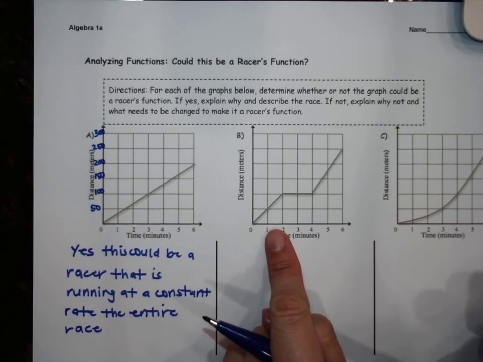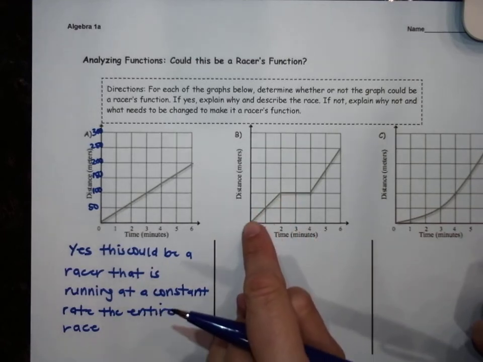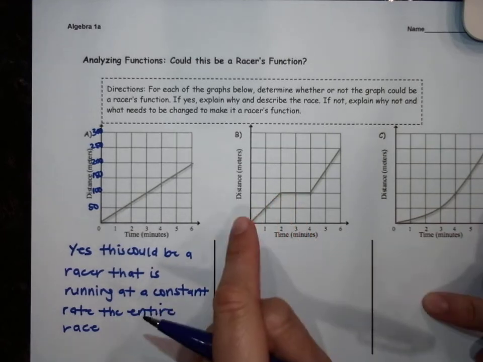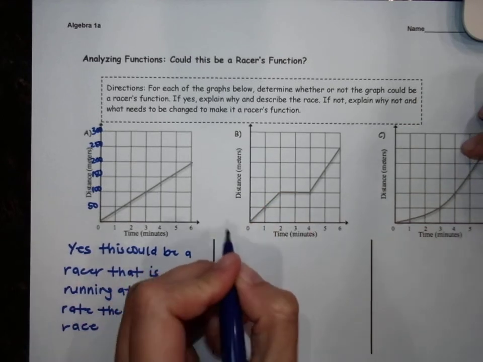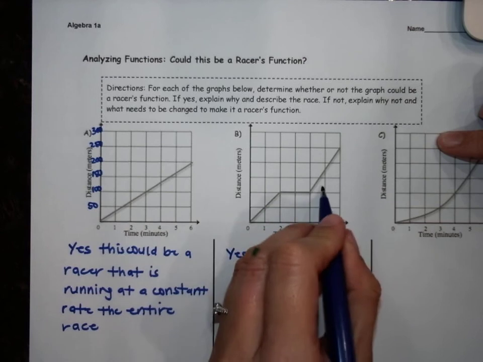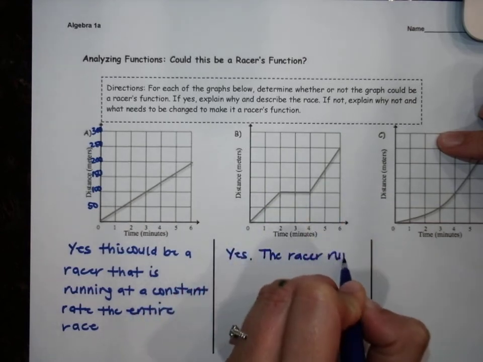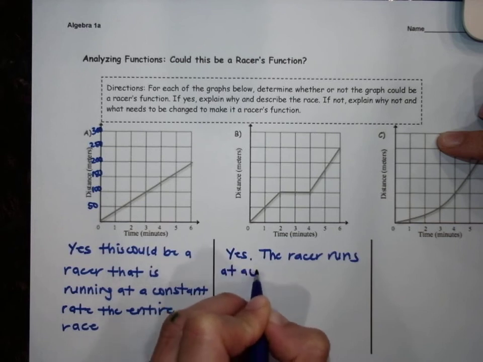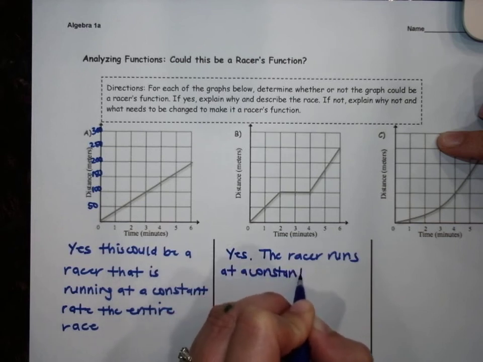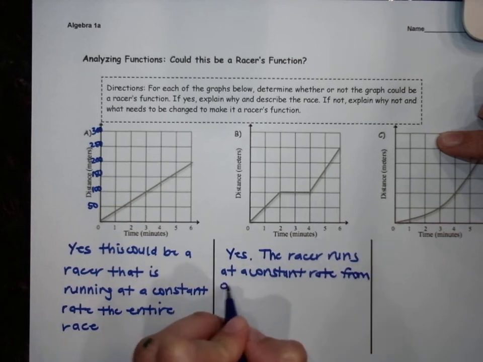Let's look at B. So this one, they're running at a constant rate in minutes 0 to 2. So yes, it looks like they could be a racer. So the racer runs at a constant rate from 0 to 2 minutes.